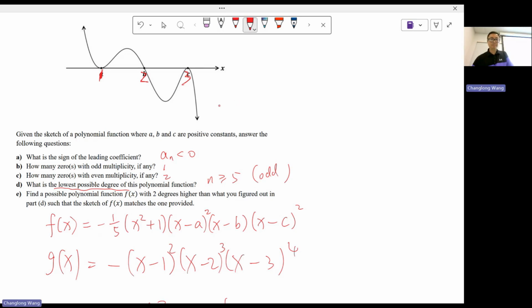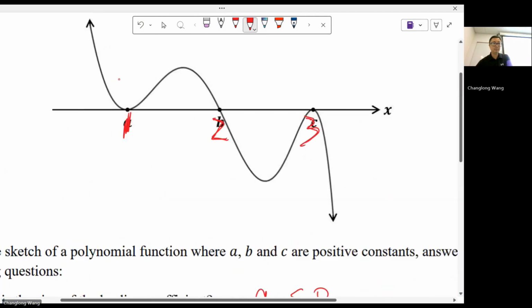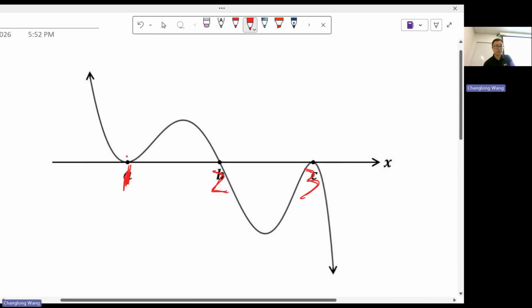Do you see that here? If you zoom all the way in, if you just look very close, do you see that the part right around the first intercept is sort of flat, only for just a very small interval, right? And you can actually make it even flatter.